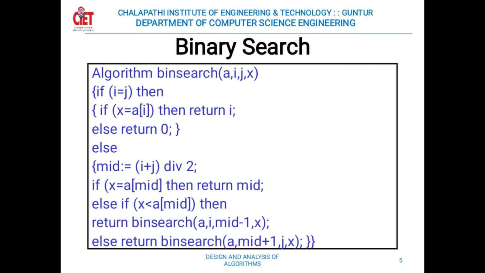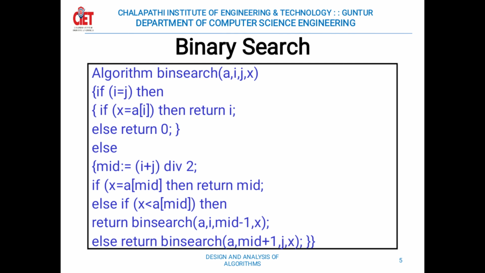If the lower index and higher index values are both the same, I is equal to j, that means the array has only one element, so it is a simple problem. Verify whether the element is equal to x or not.